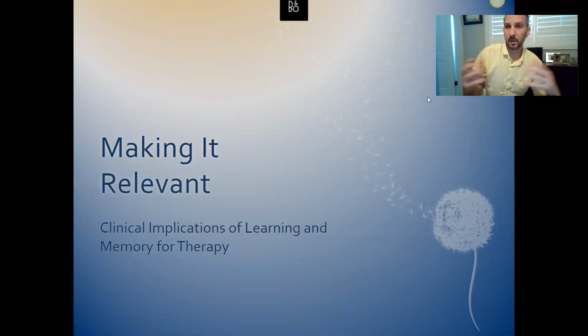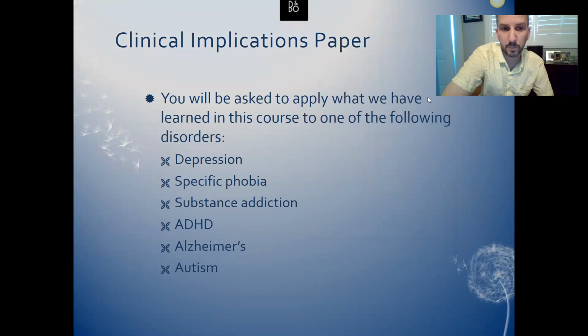Because this class does offer a lot of insights and perspectives and theories that can help you in your clinical work. So for the paper, I'm asking you to address one of 6 disorders. And I'm using some casual terms here, but let me make it real specific.